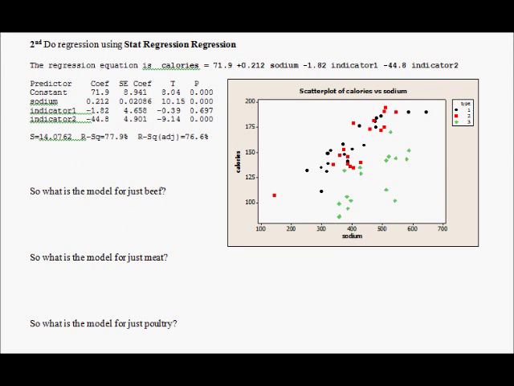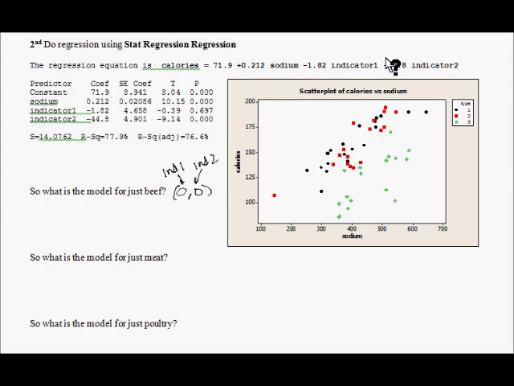So it asks us, what is the model for just beef? Well, for beef, that is indicator 1 and indicator 2 both being zeros, right? So that means both these values can be zeros.